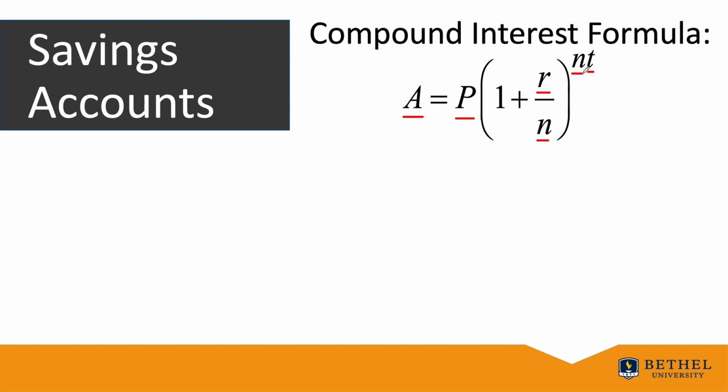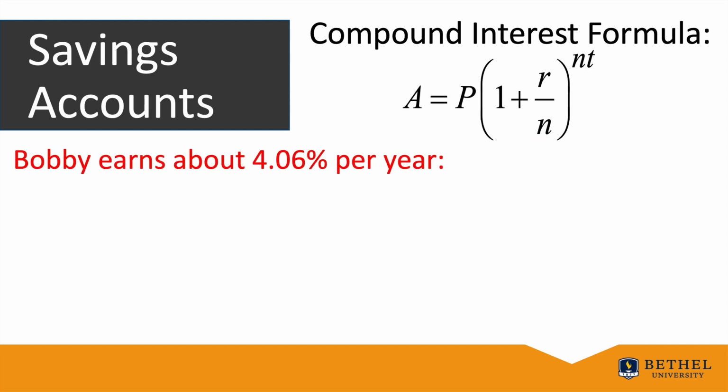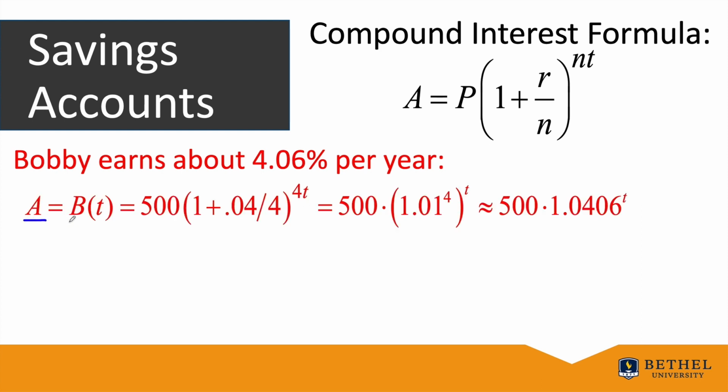Remember that Bobby deposited $500 at 4% compounded quarterly. n equals 4. This ultimately means that Bobby earns about 4.06% per year. Here's how to see why. Bobby's amount A is a function B of t, where t is time in years.